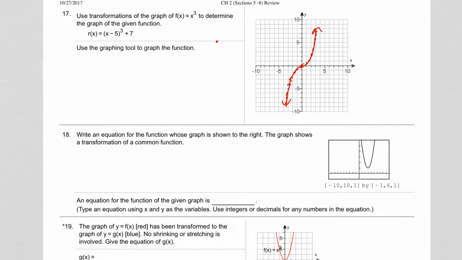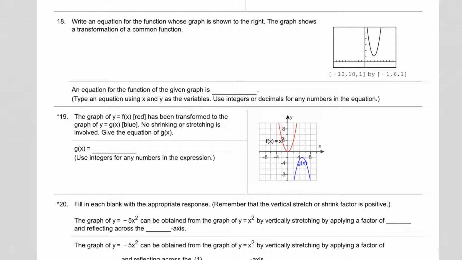So that's the parent function. And so we need to just shift this to the right 5 and up 7, to right here. So we're going to go up and curve it out.